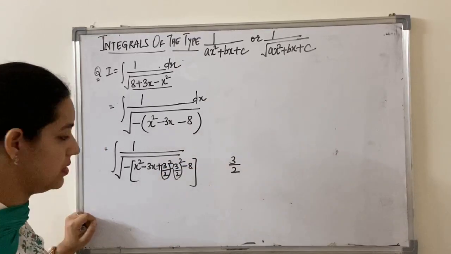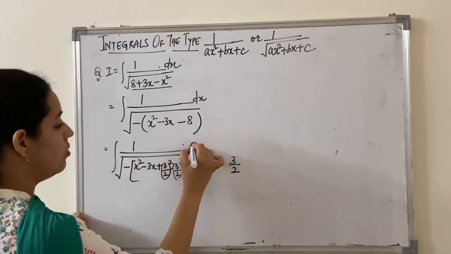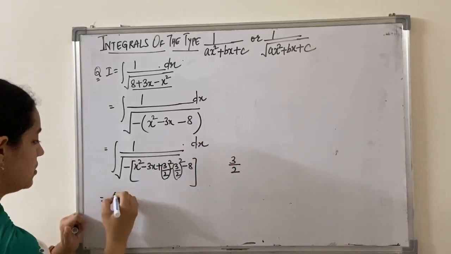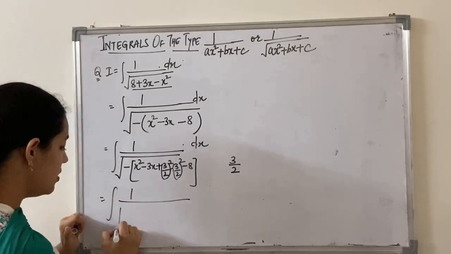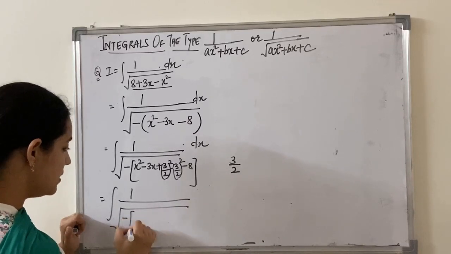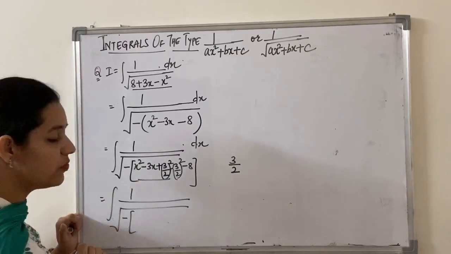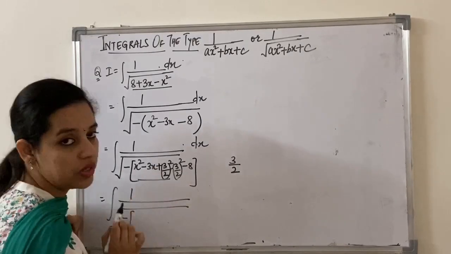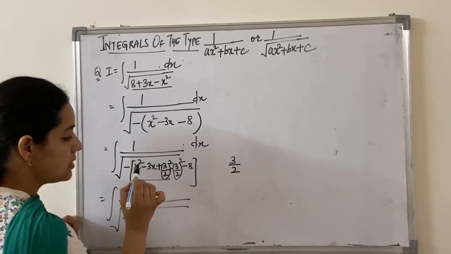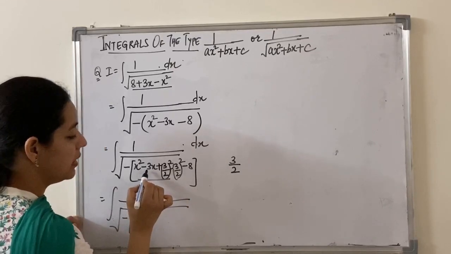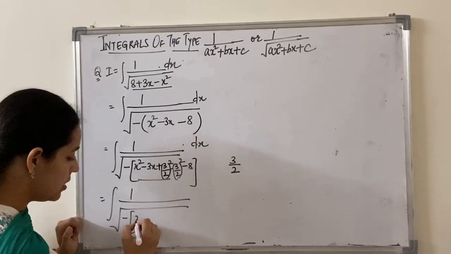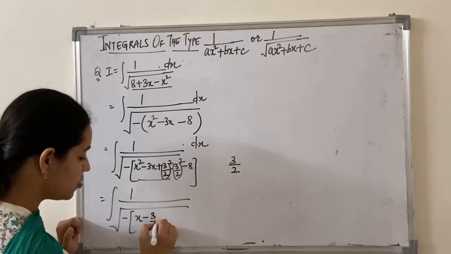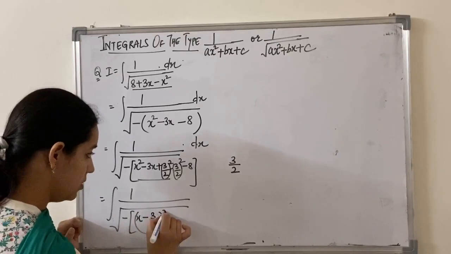to complete the squares. So let us see what it becomes now along with dx. So it becomes 1 upon under root of minus, these first 3 terms will give you the square of x minus 3 by 2. You can see it is a square plus b square minus 2ab, so it is the whole square of x minus 3 by 2.